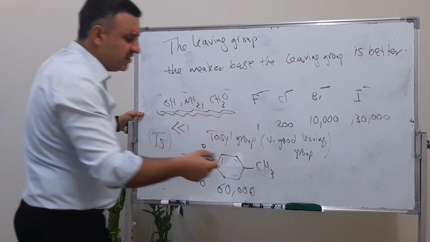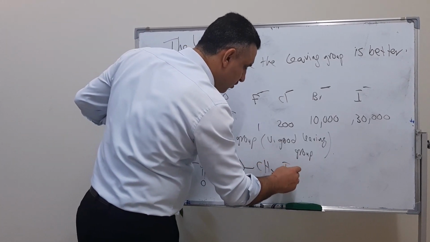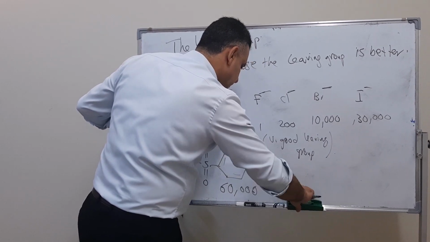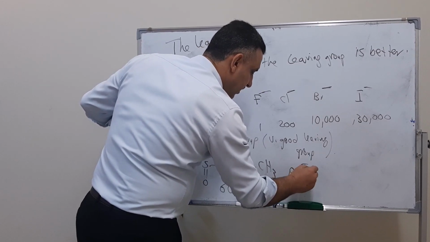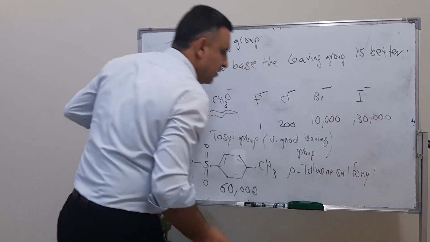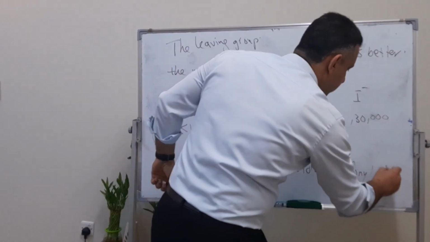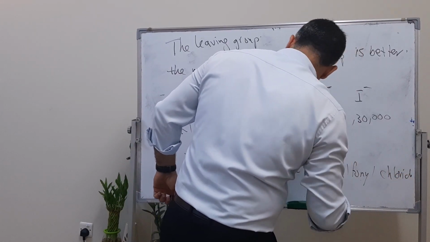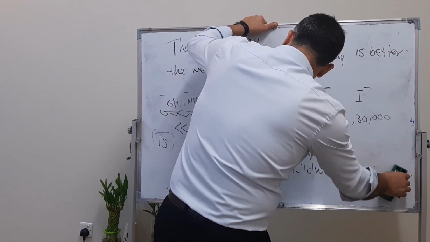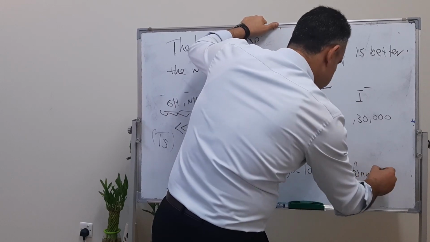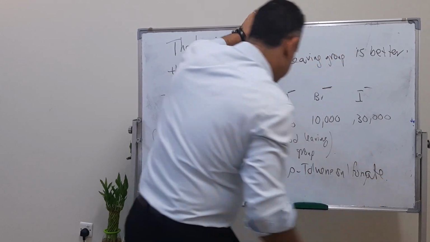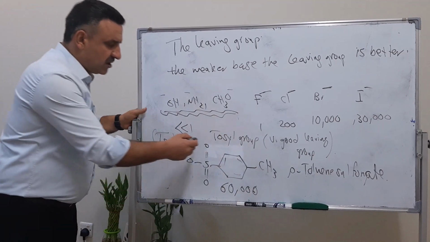Because the name of this group comes from toluene sulfonyl chloride, para-toluene sulfonyl chloride, or sulfonate actually in this case, from para-toluene sulfonic acid. Let's say just para-toluene sulfonate. That's why we call it the tosyl group.